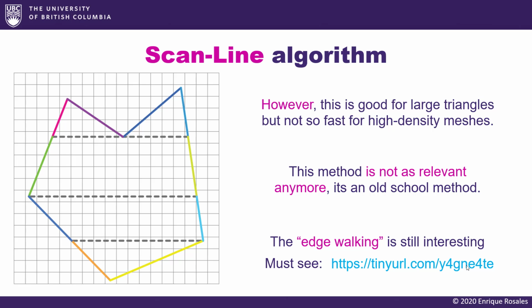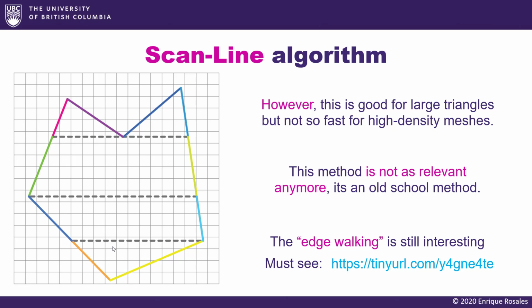But again, computer graphics is so huge that we could spend years talking about it. If we spend time on every single algorithm, we will spend a lot of time. But it is something interesting, and I will probably talk a little bit about the edge walking algorithm when we talk about ray tracing.